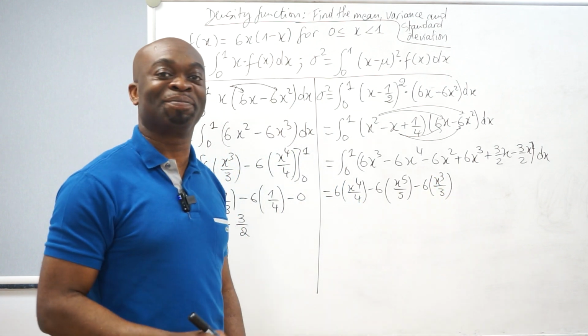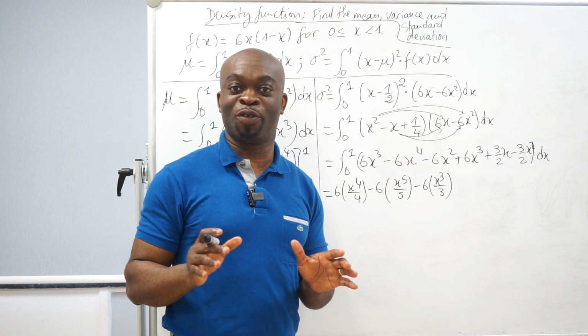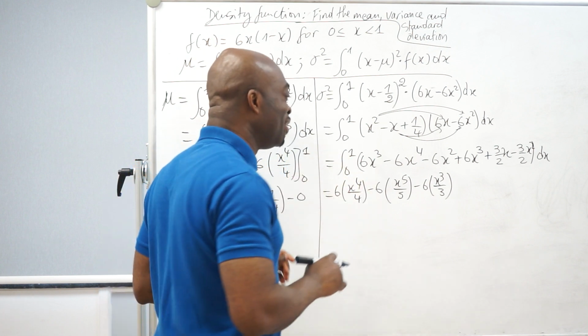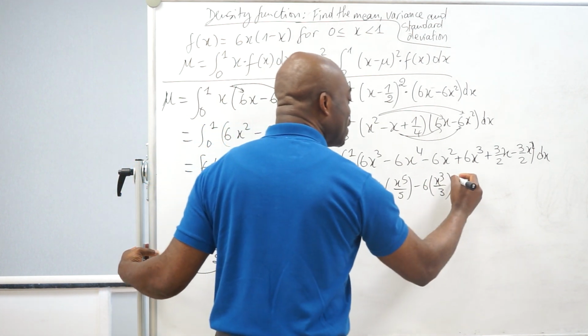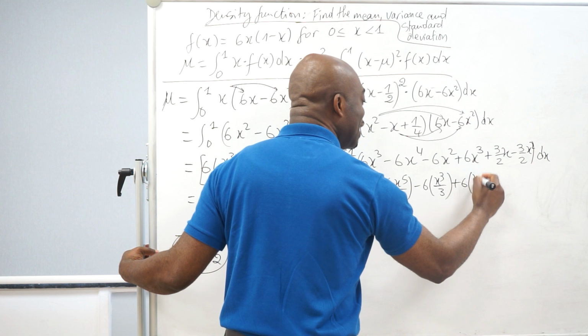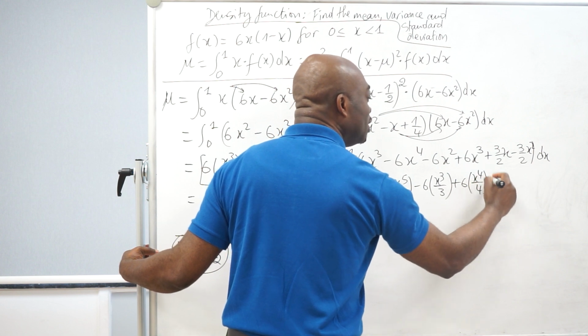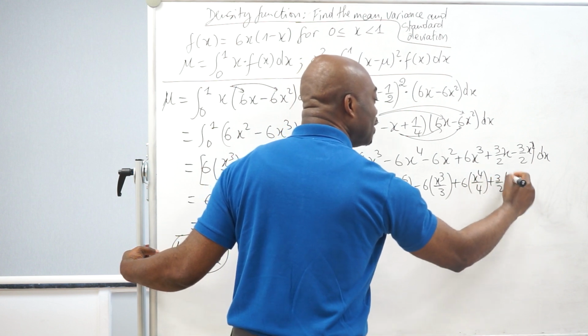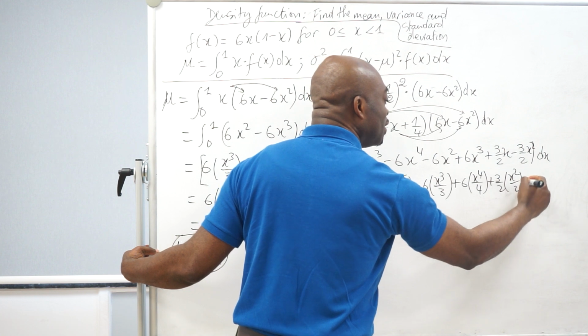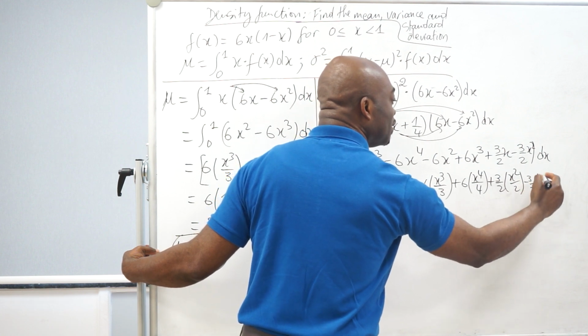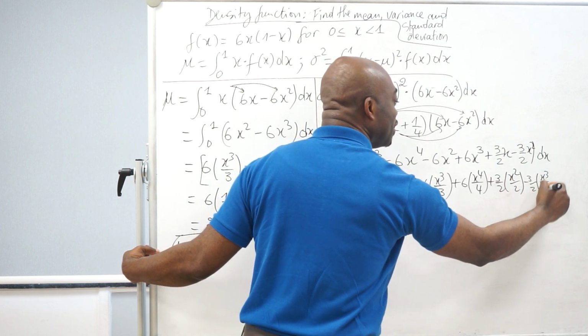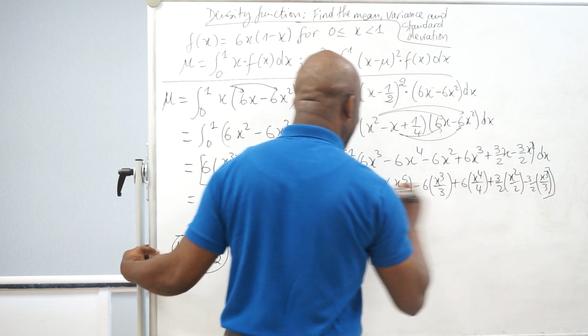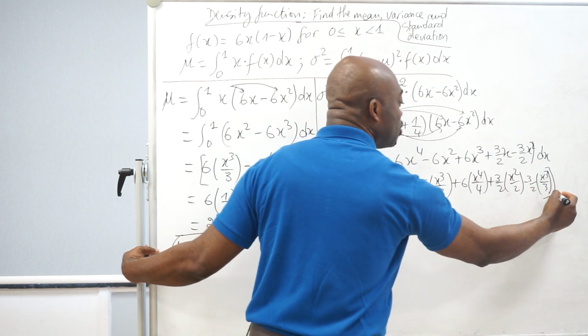Are you with me? Okay, you following? This is not difficult, okay? This is just like we're going at it. And then the next one, plus 6 x to the fourth over 4 plus 3 over 2 times x squared over 2 minus 3 over 2 times x cubed over 3. And do not forget, it's 0 to 1.